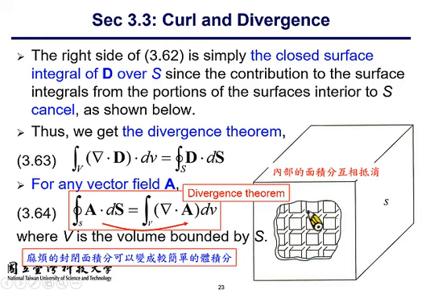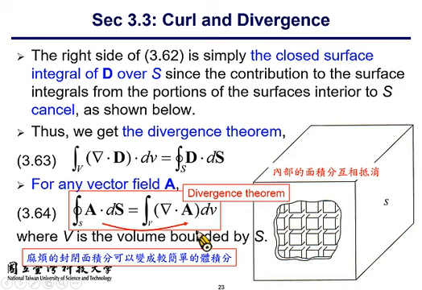All right. So by knowing that the surface integrals cancel out within this larger structure, this result can be written like this: the closed surface integral of vector A can be transformed into the volume integral of the divergence of this vector.